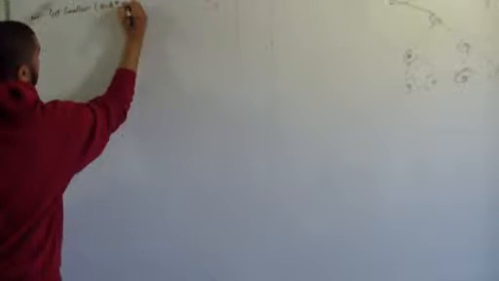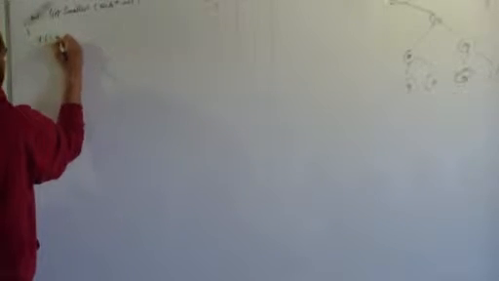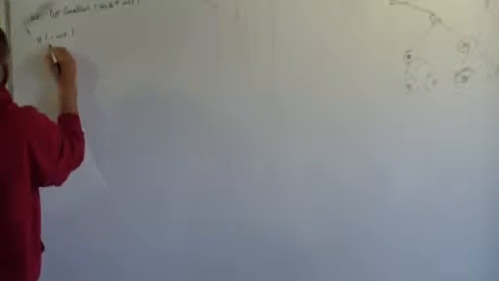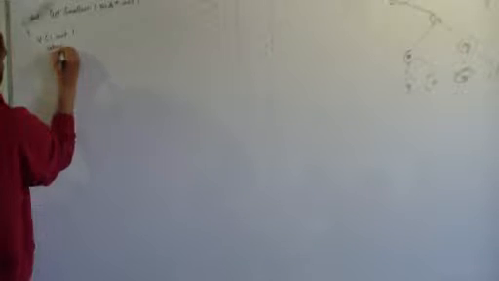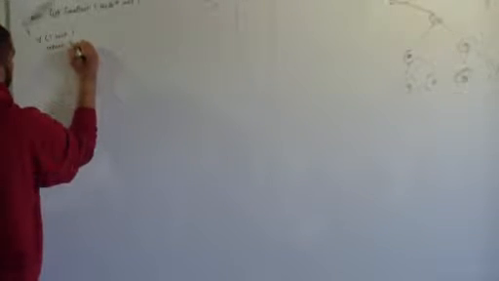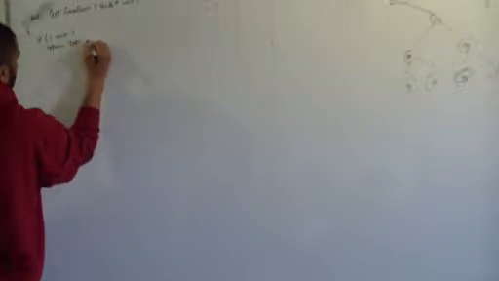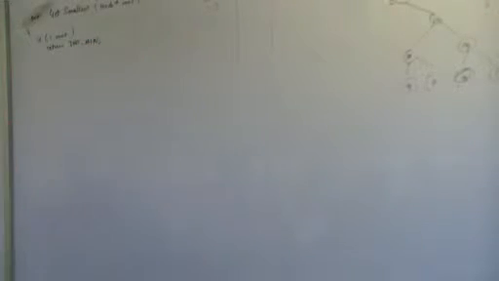Node star root, if not root. And then if root dot left is equal to null, then print root.